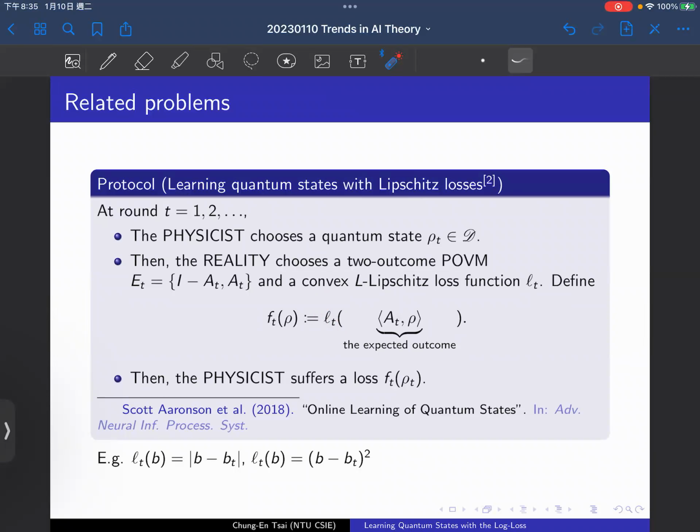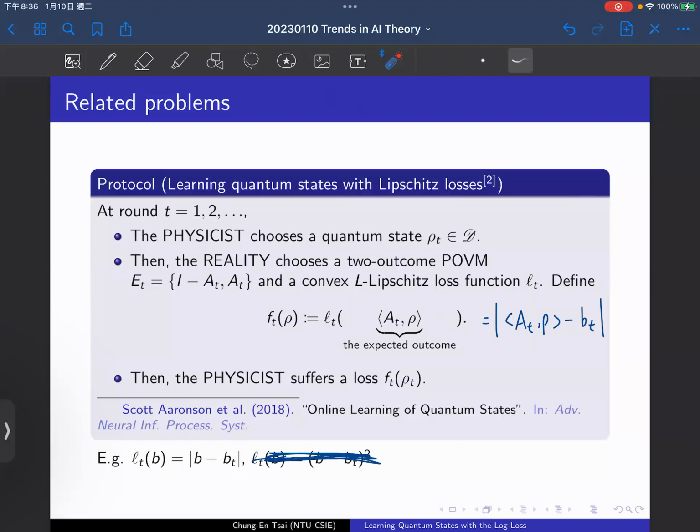Therefore, you can check that this FT is Lipschitz, and it falls into the standard online convex optimization problem. So there are many algorithms to solve this problem. An example of LT is the L1 loss. If we use this LT, then the loss function is something like this.